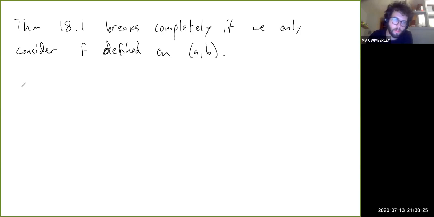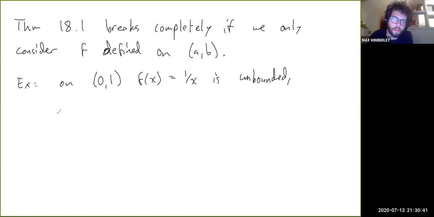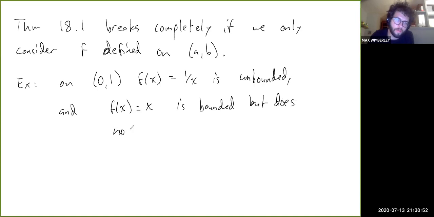For example, on (0, 1), f of x equals 1 over x is unbounded. And f of x equals x is bounded, but does not achieve a max or a min, right?